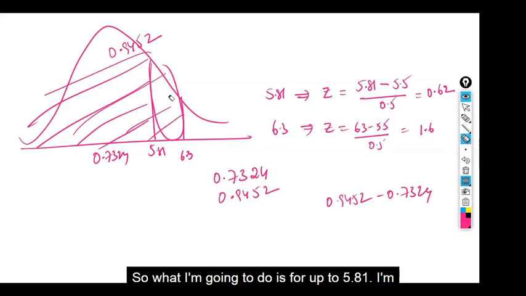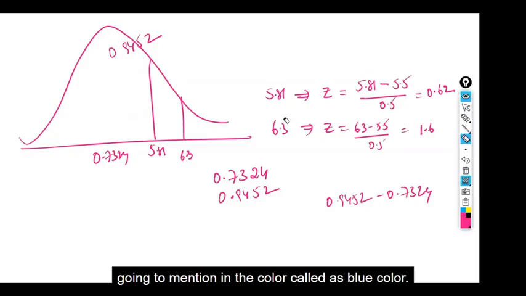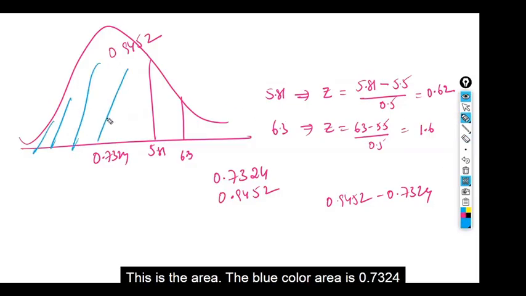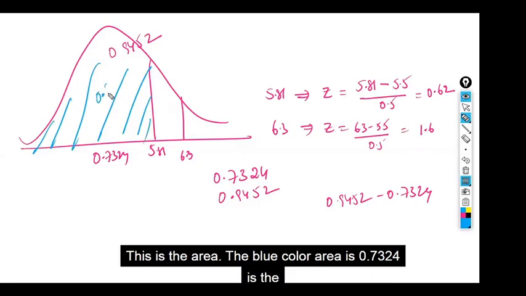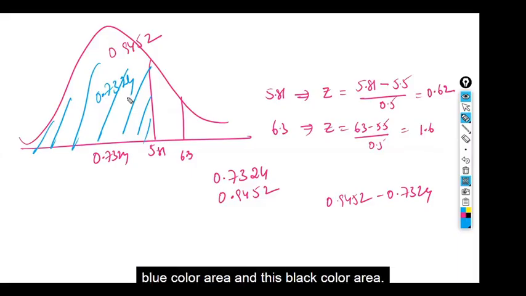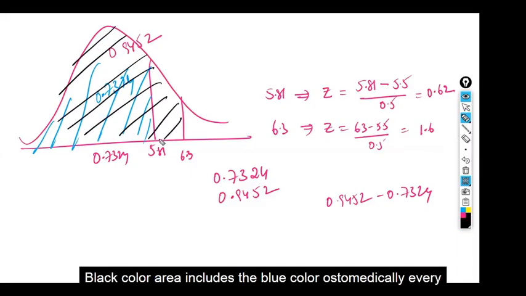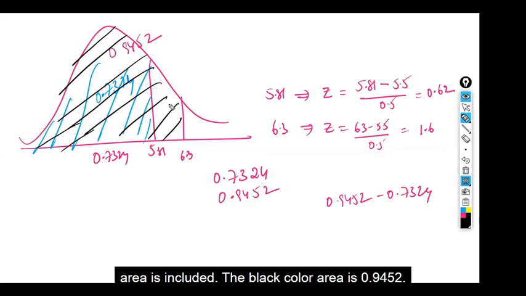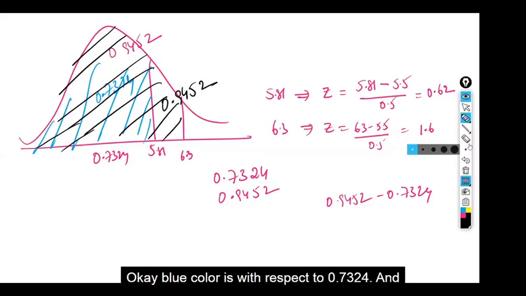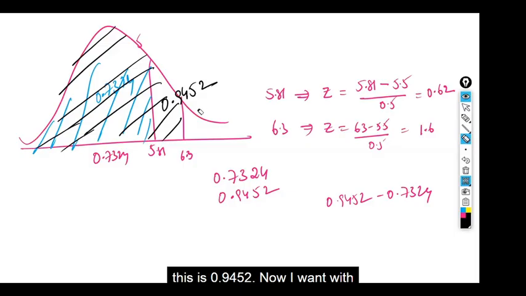So for up to 5.81, I am going to mark the area in blue. The blue area is 0.7324. And this black area includes the blue automatically. Every area is included. The black area is 0.9452. Okay, blue is 0.7324 and the black is 0.9452.